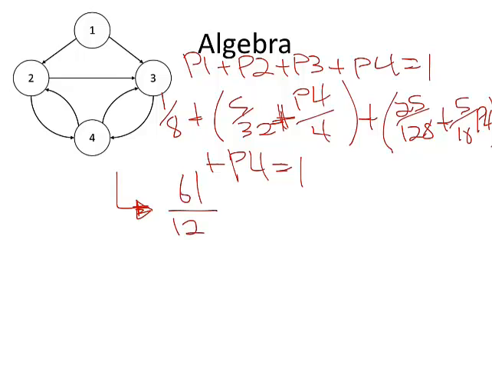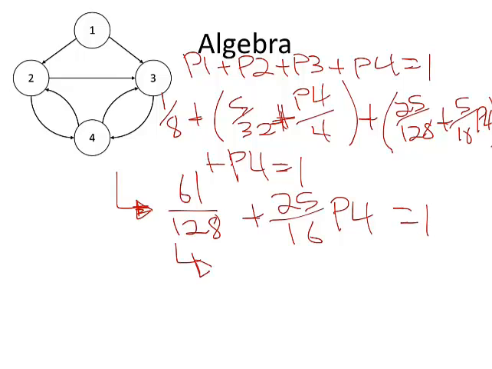We get 61 over 128 by combining this 1/8, this 5/32, this 25 over 128, plus 25 over 16 P4. 25 over 16 is 1/4 plus 5/16 plus 1. 25/16 has to be equal to 1. And therefore, we can conclude from this equation that P4 has to be equal to 0.3350.